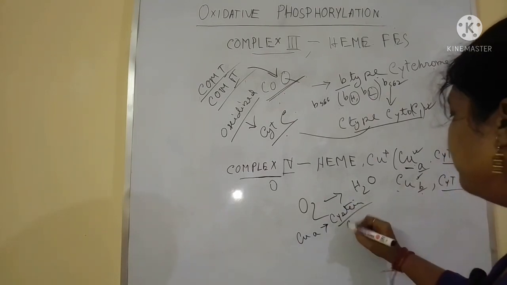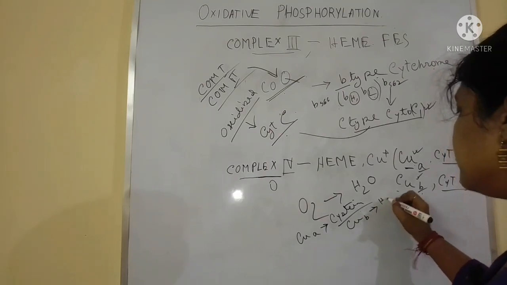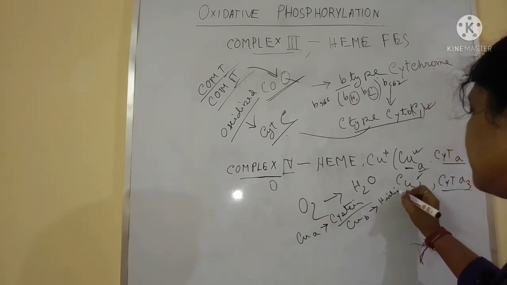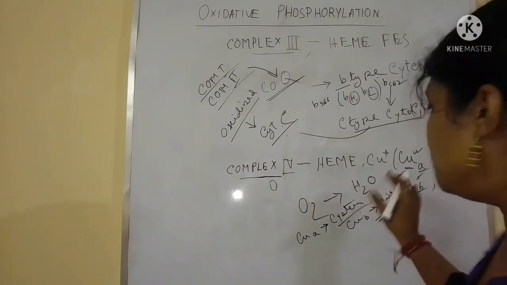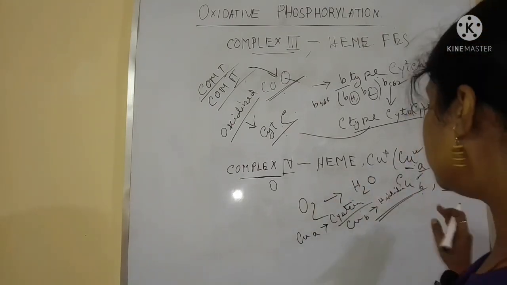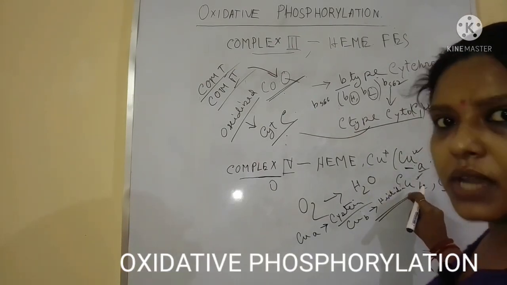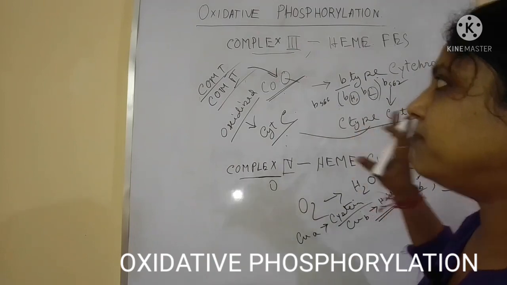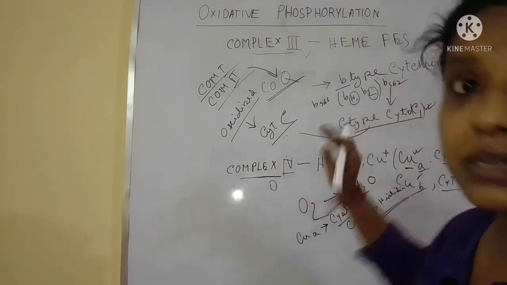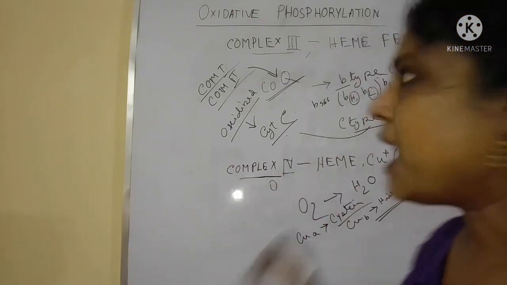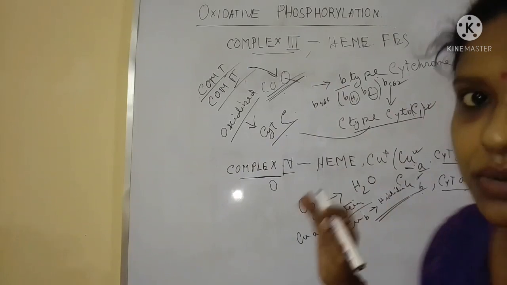And in CuB, histidine residue is present. Okay? And due to the presence of these two different residues, we name them CuA and CuB. Okay? These are the roles of complex 1, 2, 3 and 4. After that, we will read about what is cytochrome and what is coenzyme Q. So, we continue after that.